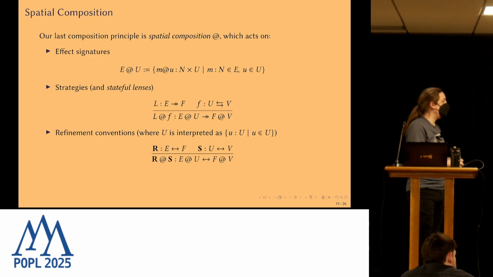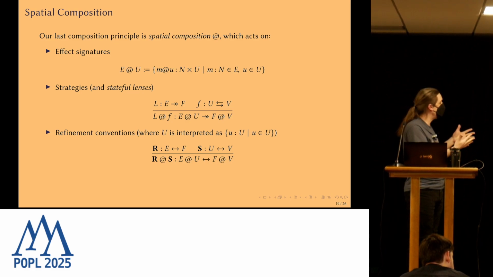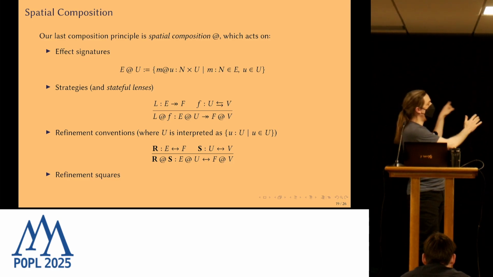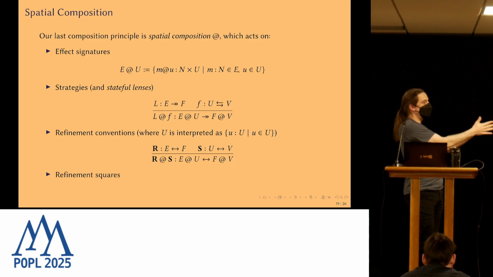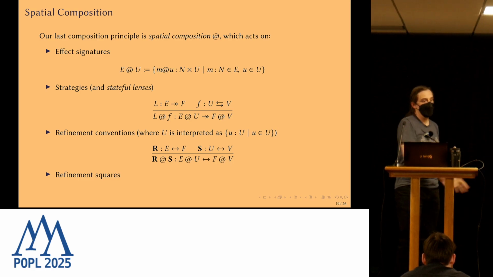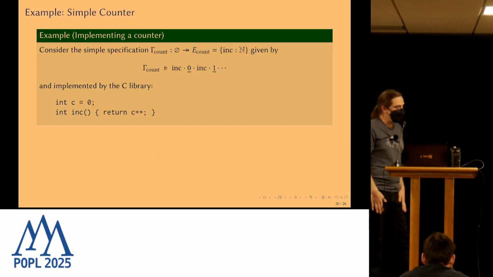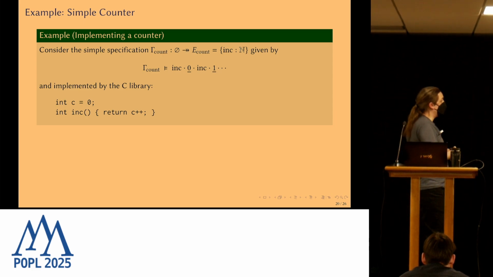Similarly, we can define same kind of thing for refinement conventions and also compose refinement squares, right? So you can imagine there's a third dimension, and you can sort of flatten the two squares together. One that's about the strategy, one that's about the state transformation.